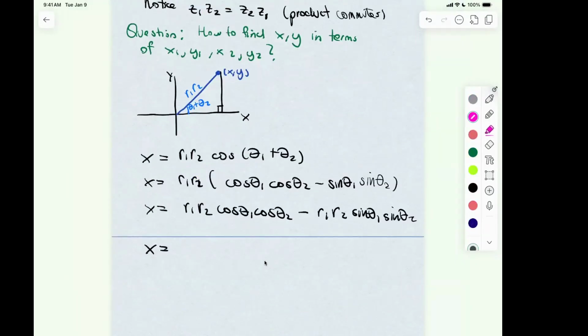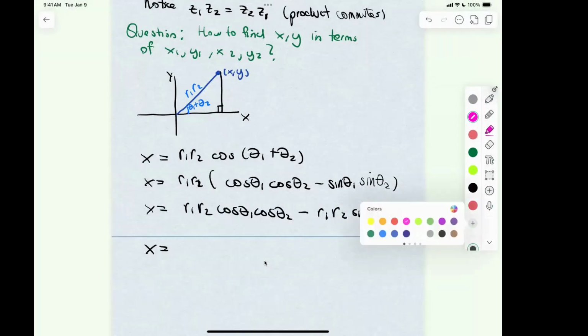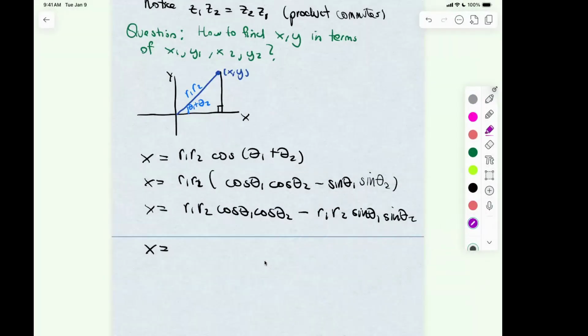Okay, so let's see. And now it's just recognizing this in terms of previous stuff.